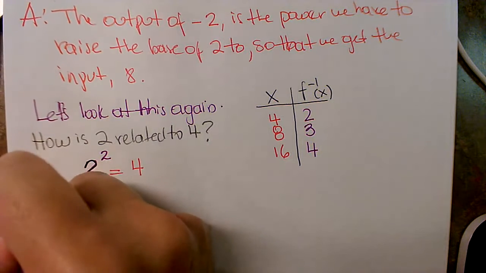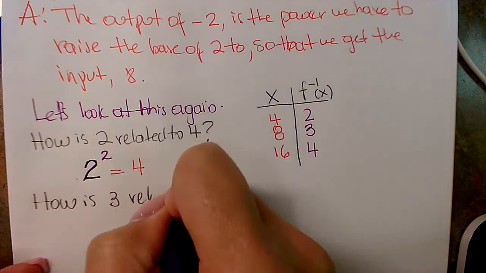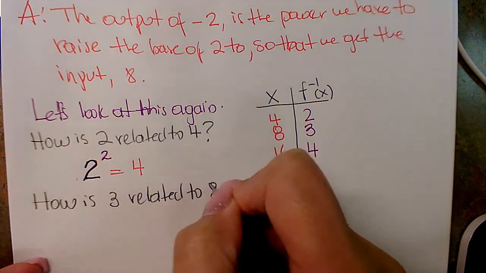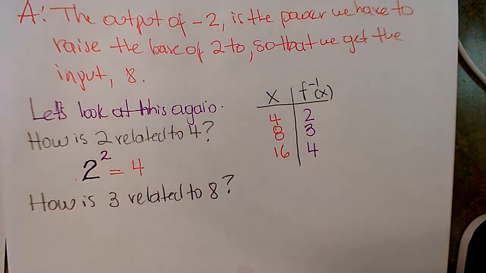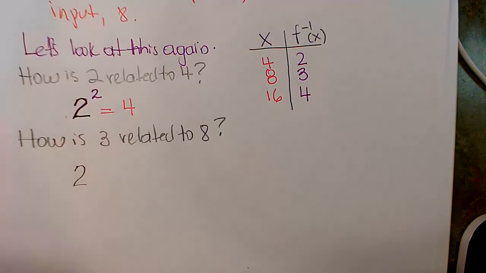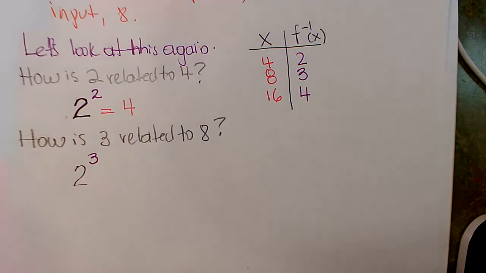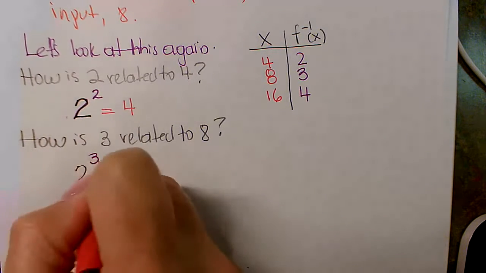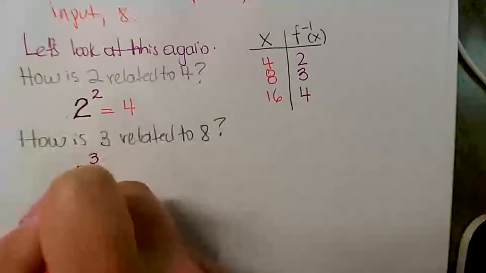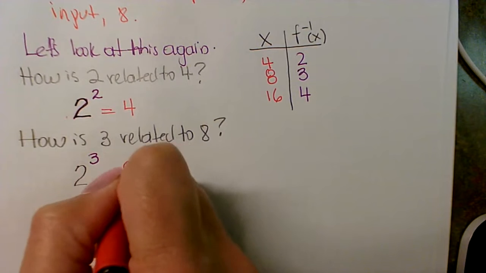Now, let's do this one. How is 3 related to 8? Because 3 is the exponent, sorry, that I use, that I raise the base to give me what? To give me 8.